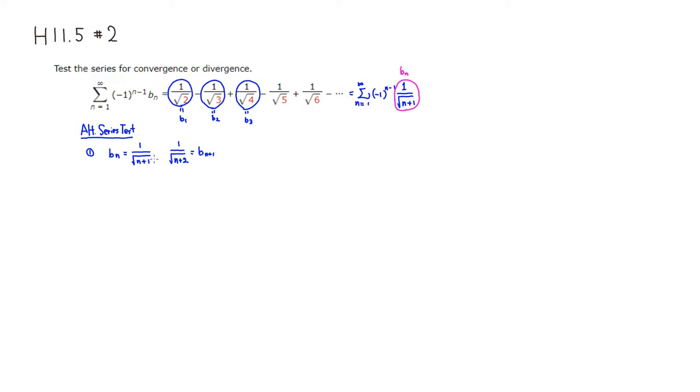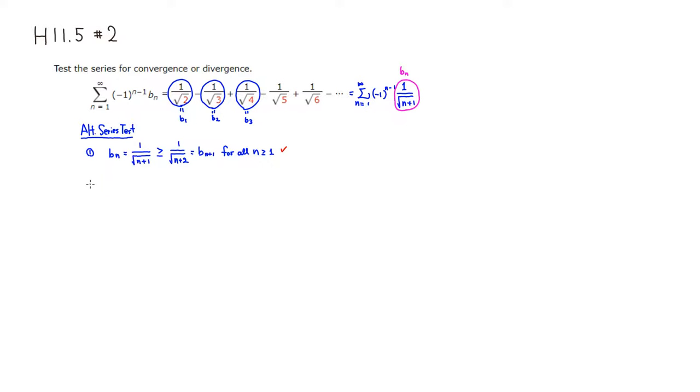Since the denominator is larger here, the fraction is going to be smaller. So this is true for all natural numbers n. So this one checks out.